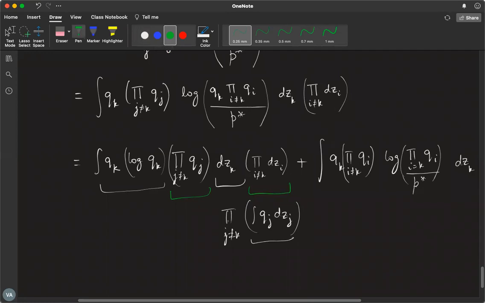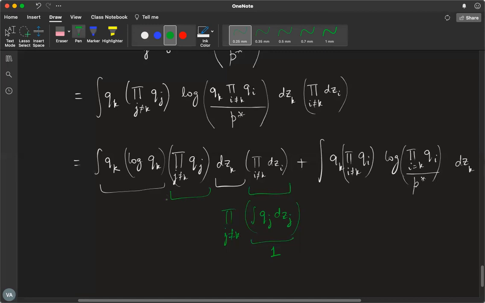I should have drawn it with green. Okay, let me see if I can convert it into green. Yes. This whole thing is equal to 1, right? Integration of a probability function over the entire space is just 1, right?